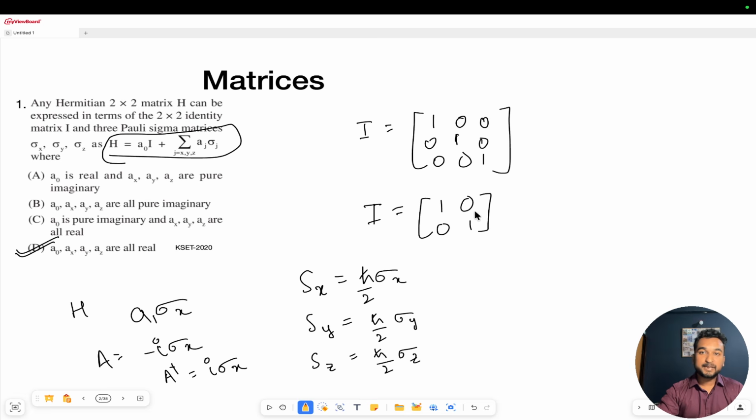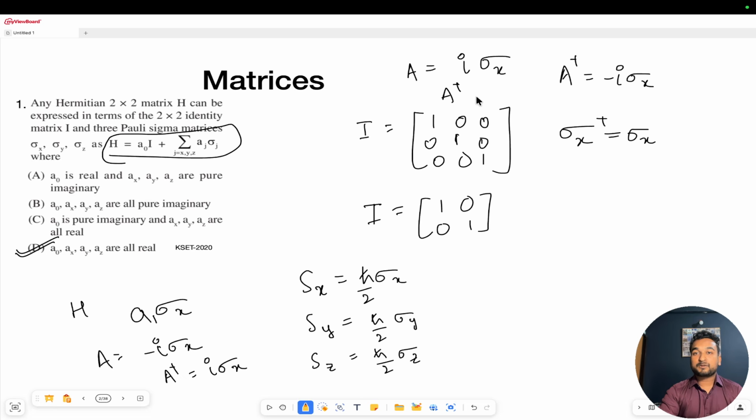If I multiply any complex constant with it, like if I multiply sigma x with iota and make a matrix, its dagger will be what? It will be minus iota sigma x, because sigma x dagger is equal to sigma x. Taking the complex conjugate and dagger of sigma x gives sigma x, but the iota changes to minus iota, so A dagger will not be equal to A and the matrix will not be Hermitian.